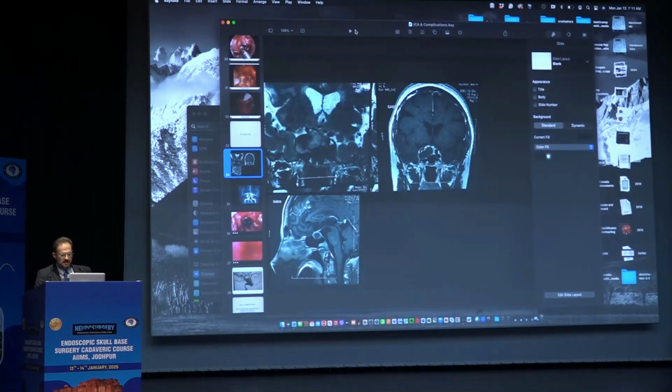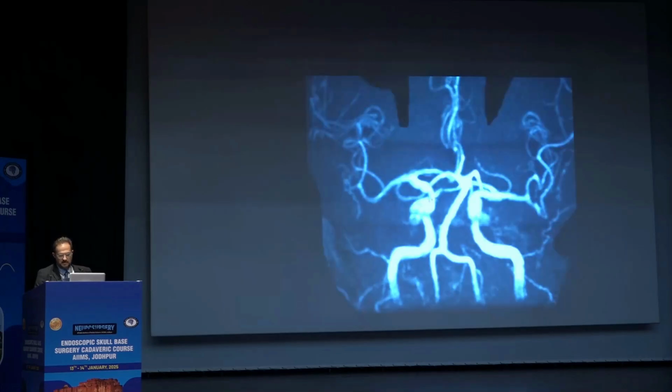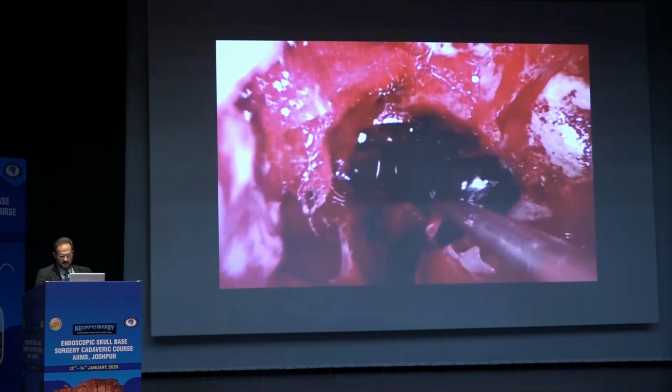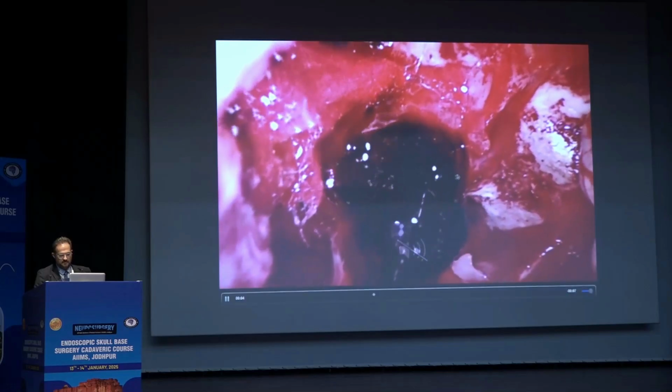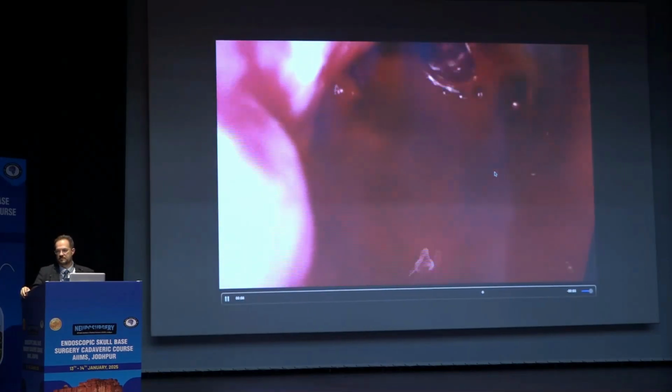Let me show you this, which is very impressive. A friend of mine from Argentina showed me this case. When you see a dark T2 and you think it's an adenoma, you have to pause every time. They even did an MRA, and the MRA was normal, but during surgery they thought they were taking a pituitary adenoma, and they were actually inside an aneurysm.